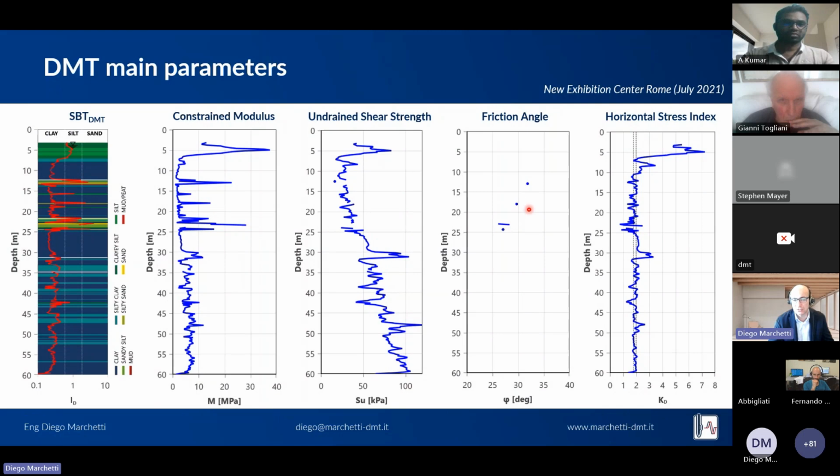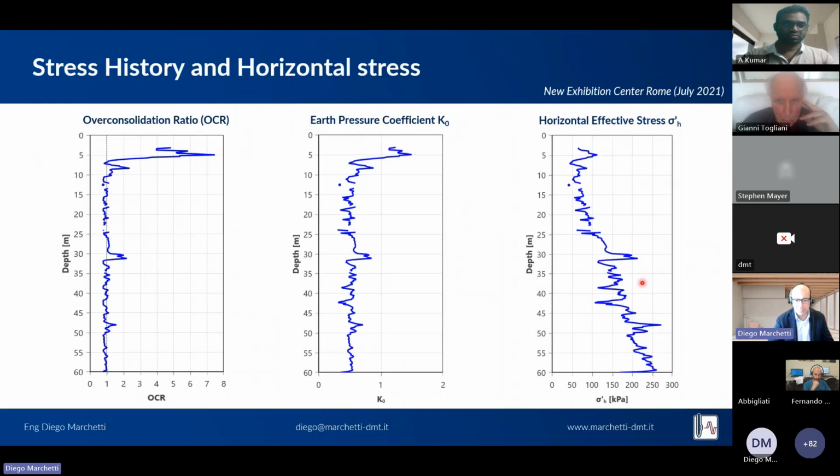In the interpreted sandy layers, we get an estimation of the friction angle, and we repeat the KD to always have close the stress history of our deposit. And then using the OCR correlation of Marchetti 1990 and also K0, we see that OCR is equal to 1 and very high at surface because of what was done in the excavation.